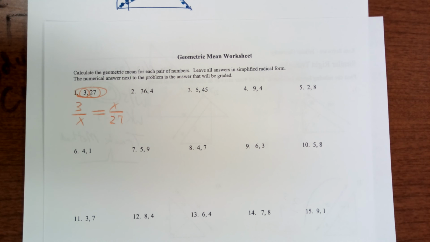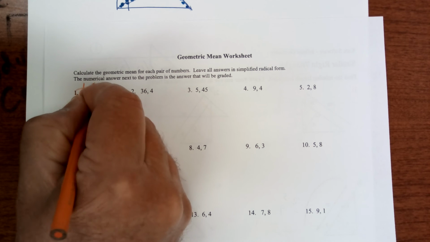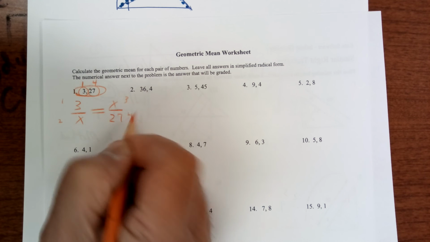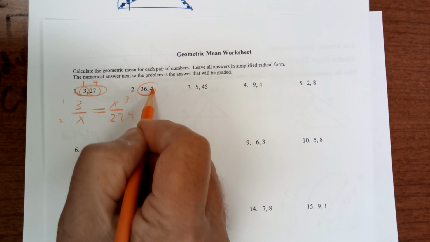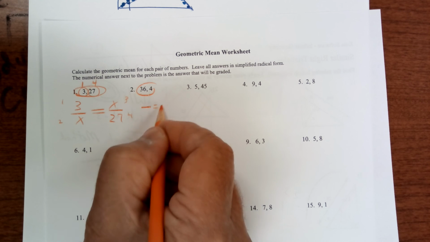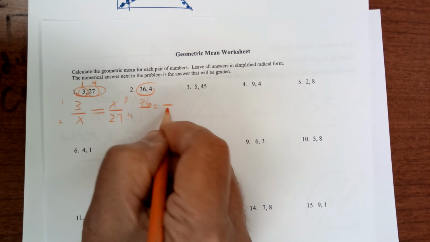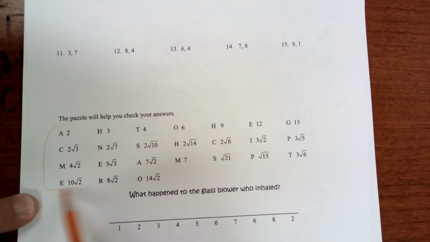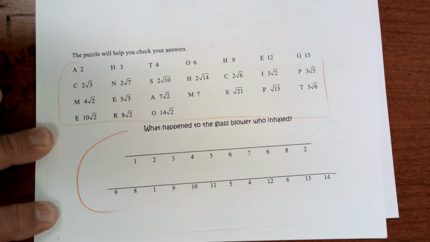So this is the first slot and the fourth slot. First, second, third, fourth. First slot, fourth slot. Just like that. So 36 and 4 and then x and x. So you're looking for the geo mean. And the answers are down here for you to pick, and then you write some kind of a code down here. Some of you might like that. That's what we're doing today.